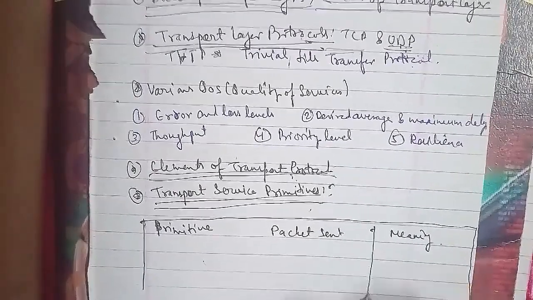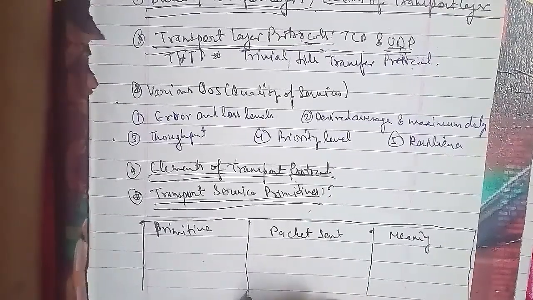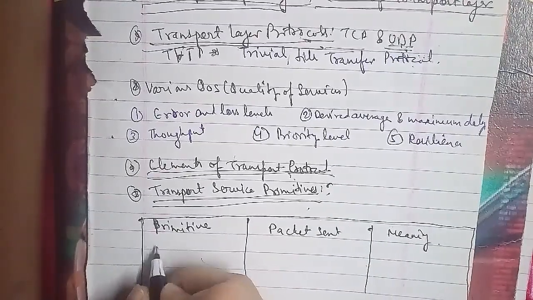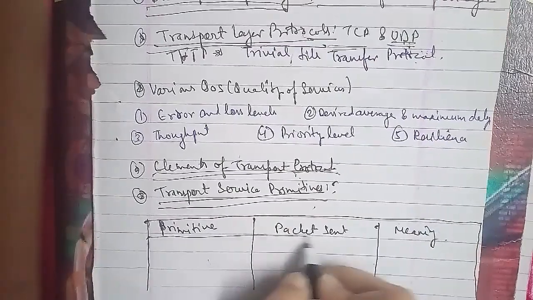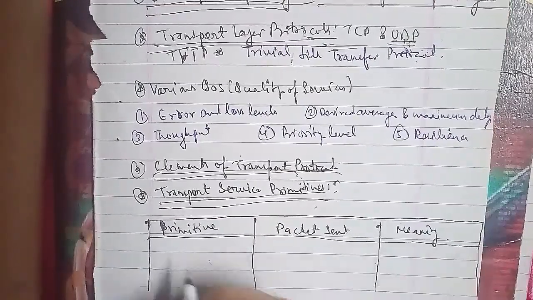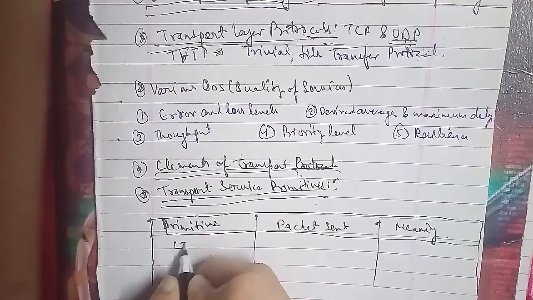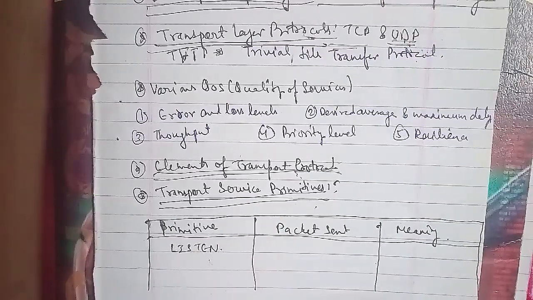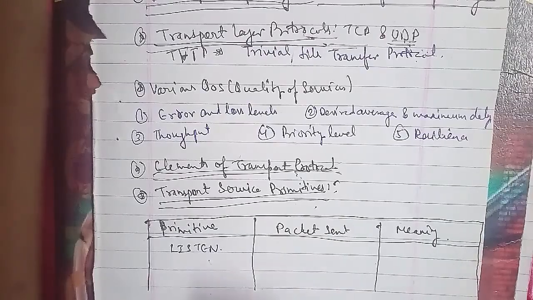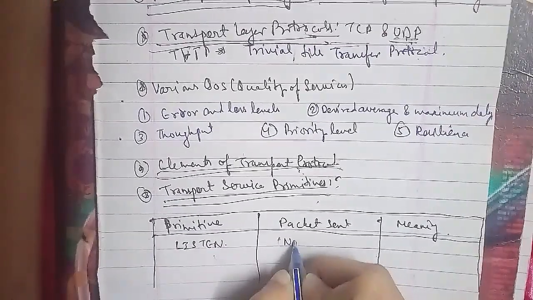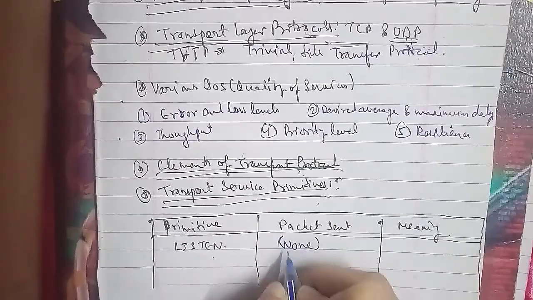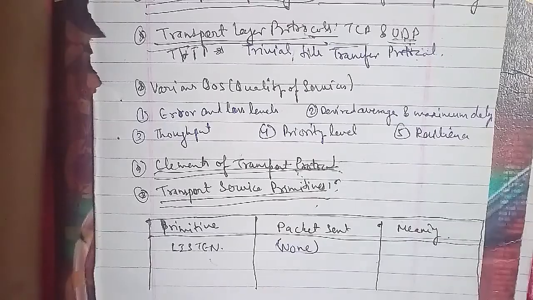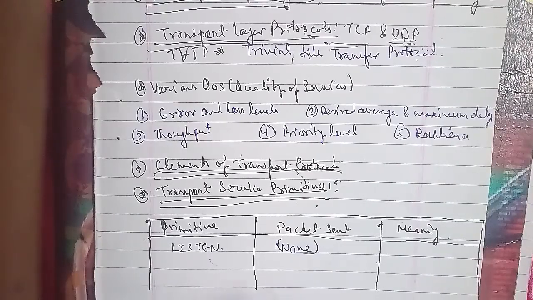The next primitive is send, and the packet sent is data, where the meaning is send information. The next is receive. The packet sent is none, and here the meaning is block until a data packet arrives.